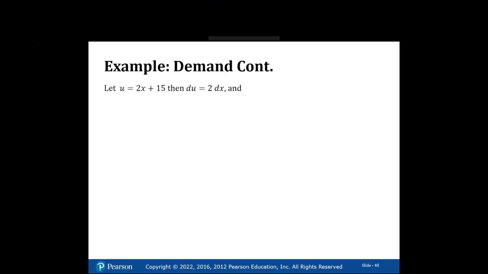So now I'm going to let u be 2x plus 15 and du be 2 dx. So here's our original p of x equation here, our demand function. And now I'm rearranging it a smidgen so that way I can do this. Because du is 2 dx, you can see here I have a 2. I have a 2 here.